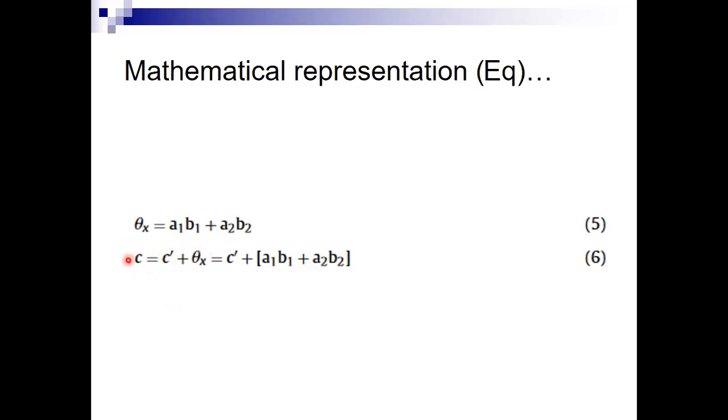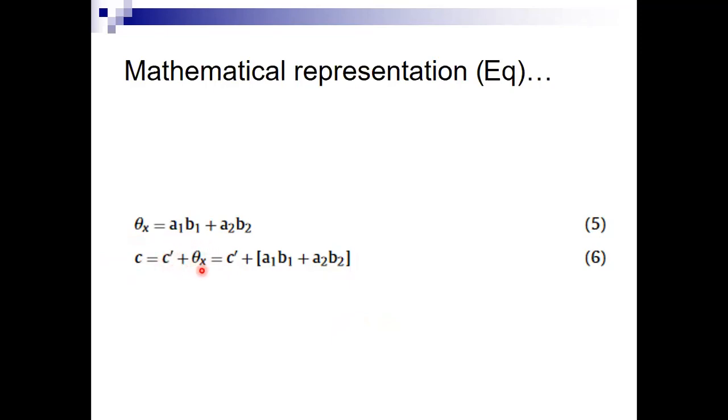So C here stands for the full effects, not mediation actually, the full effects between X and Y, which is made up of C complement. Now C complement is the direct effects.